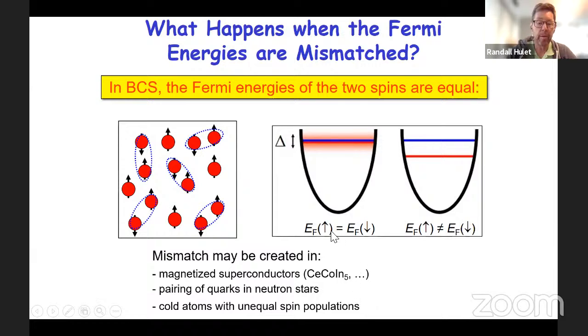So I guess the challenge posed by this system can be addressed using cold atoms with unequal spin populations.